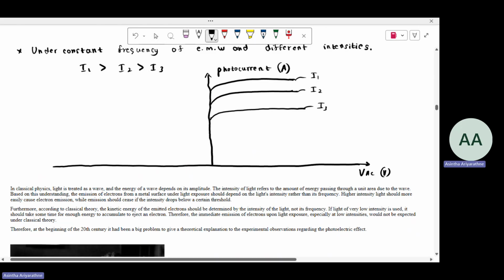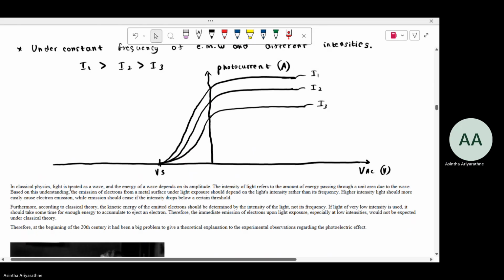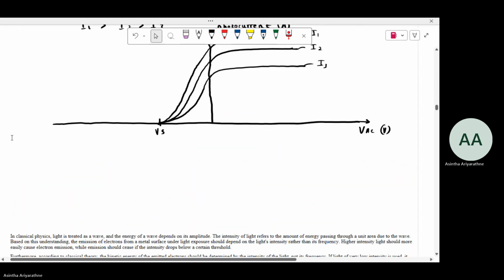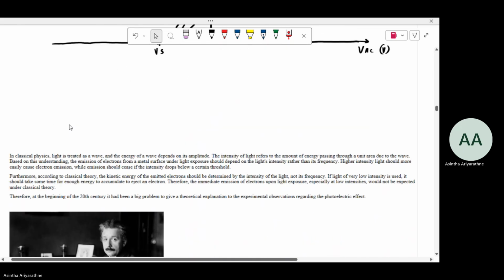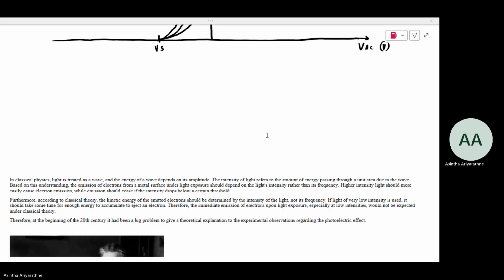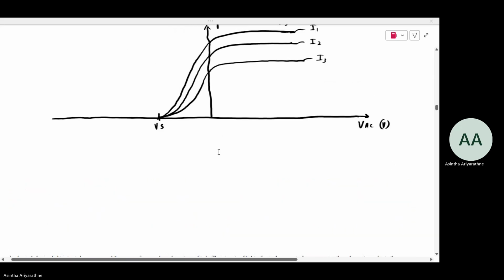So the stopping voltage remains the same.